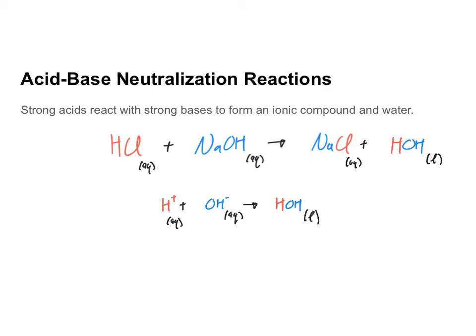So that's the net ionic equation. That's what drives this reaction. In this case, our spectator ions would be the chloride and the sodium. So these are our spectator ions.